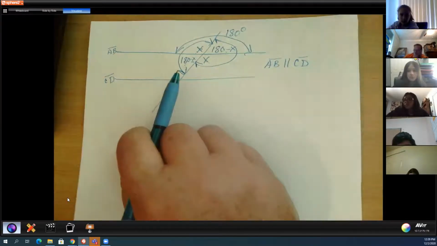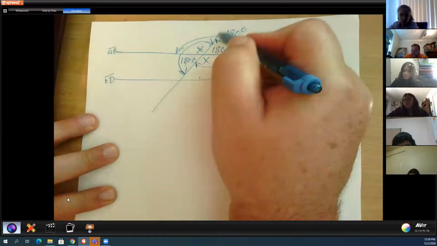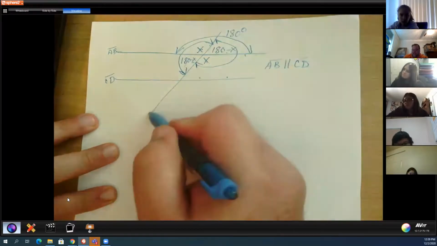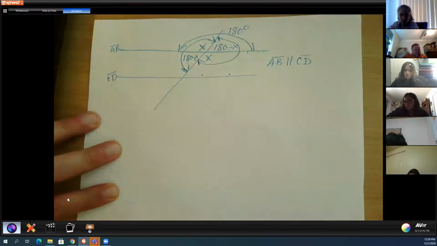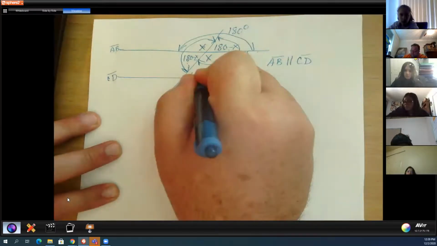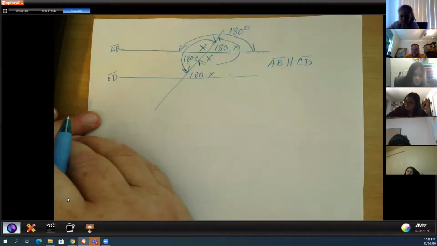Now, if these two lines are parallel and this line is coming in at a specific angle that does not change, then this angle down here is also 180 minus x.